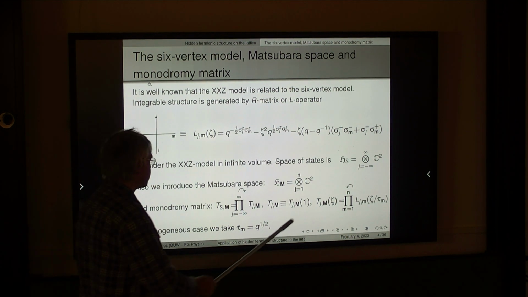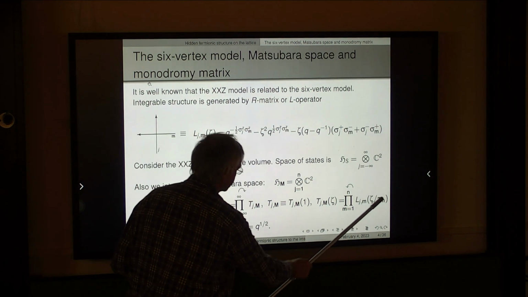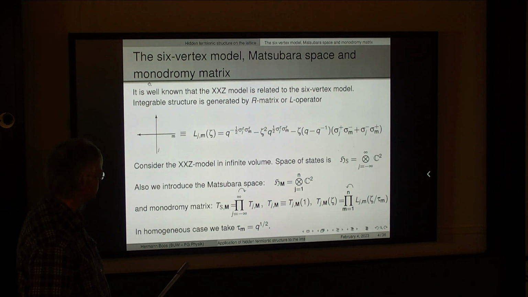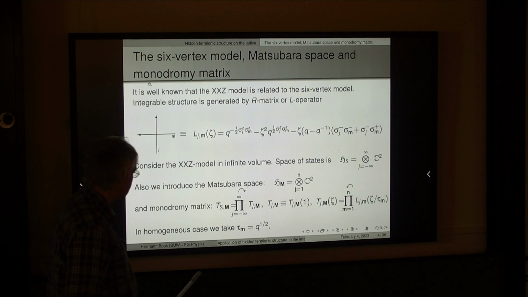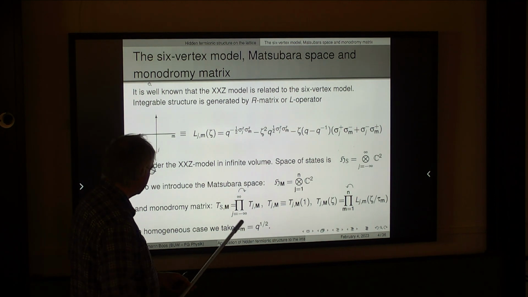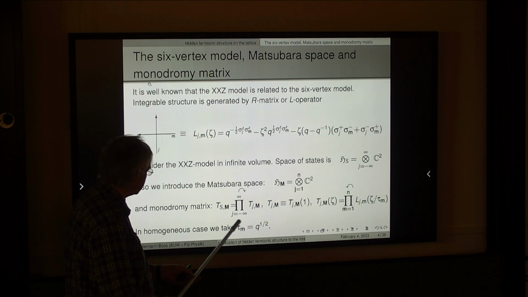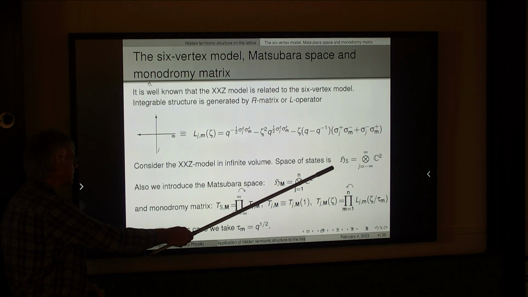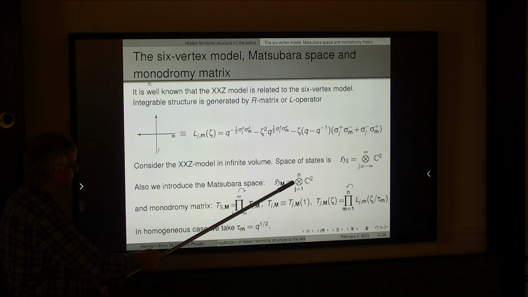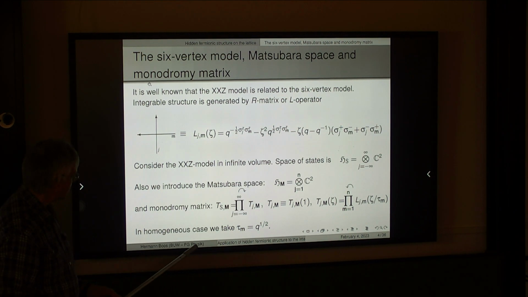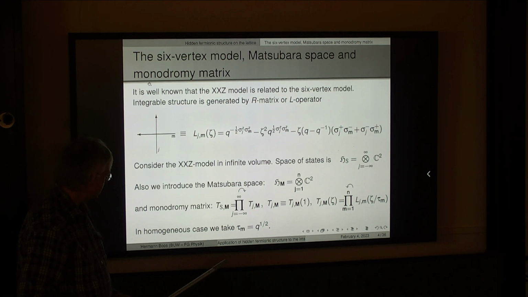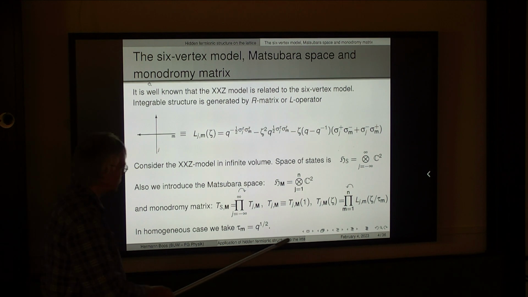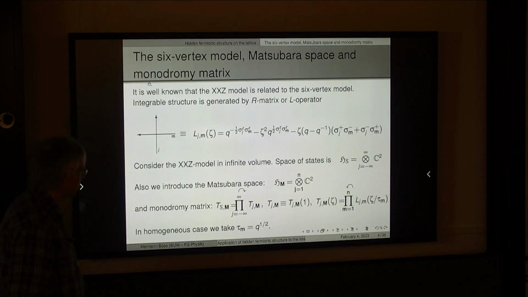And we also imply that there are some inhomogeneity parameters which we call M, and the monodromy matrix is the object which acts in the tensor product of this infinite dimensional space HS and the finite dimensional space HM, which you see here. And in the homogeneous case, we take all these to be equal to each other, like this.